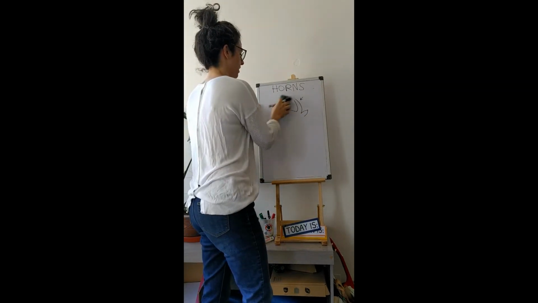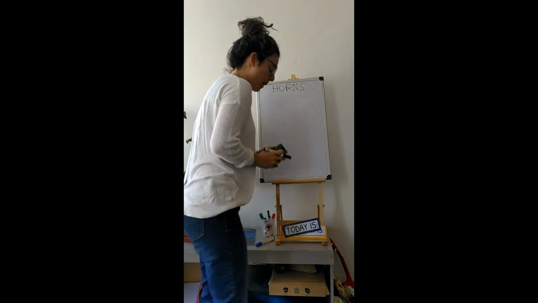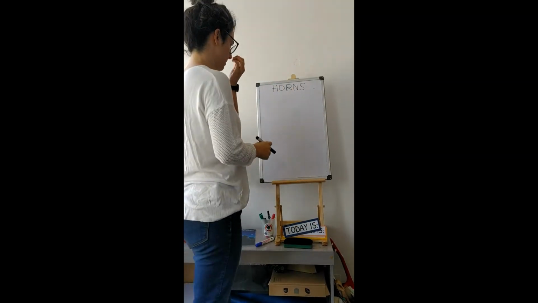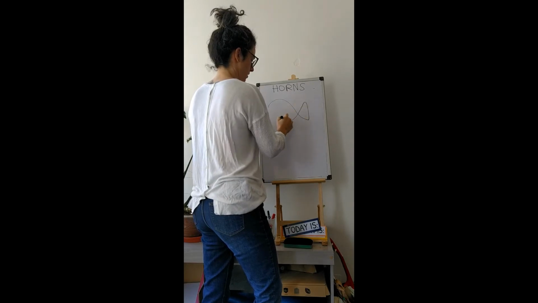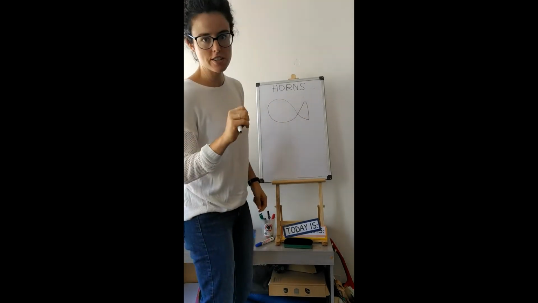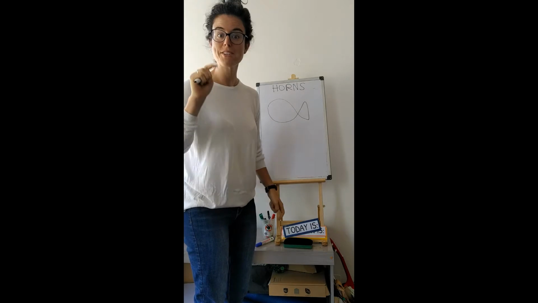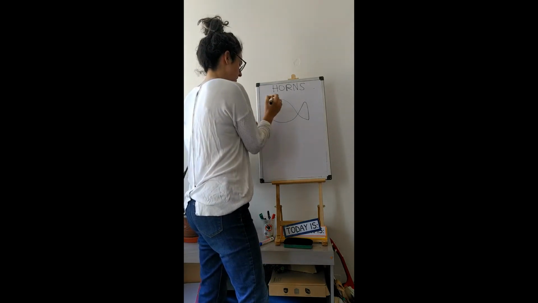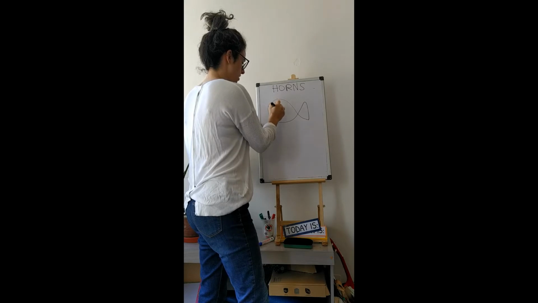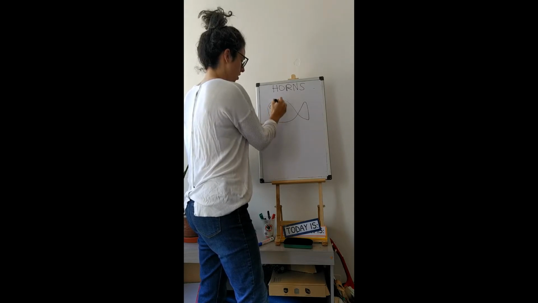Let's try another one. What about, if we have a fish? Again, Miss Gia is not an artist. Miss Gia is trying her best, and that's all that matters. Okay, I have my fish, and the fish has these shiny things all across its body.